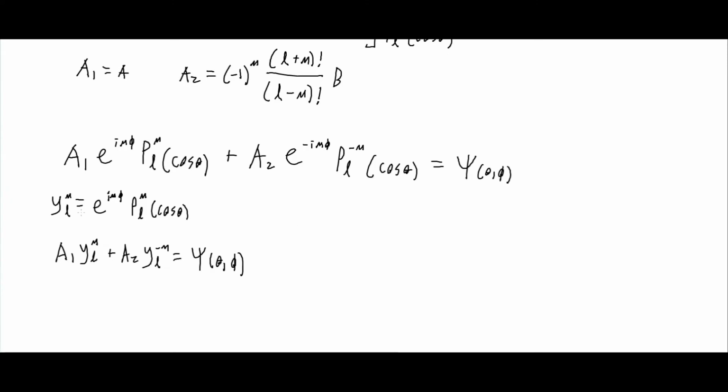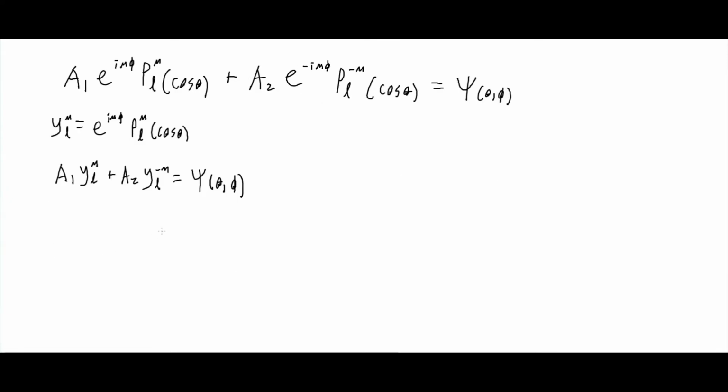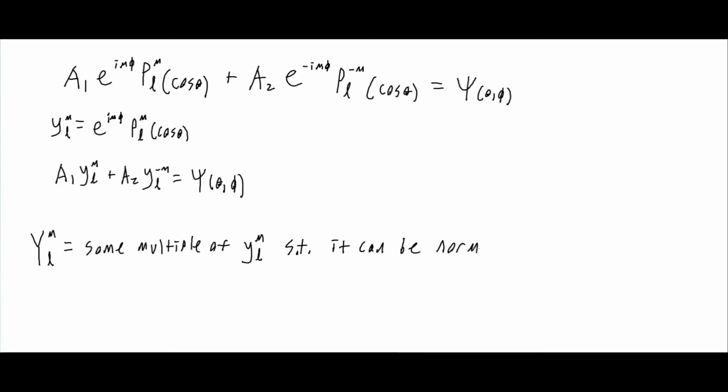And so I've been using this lowercase y here because what you will often see when you're looking at these spherical harmonics is we will have an uppercase Y_lm, which is equal to some multiple of the lowercase y_lm, such that it can be normalized.